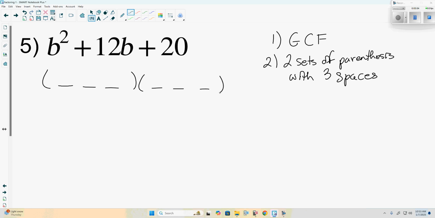And we have 2 cases with finding the signs. And it's all based off the third term.